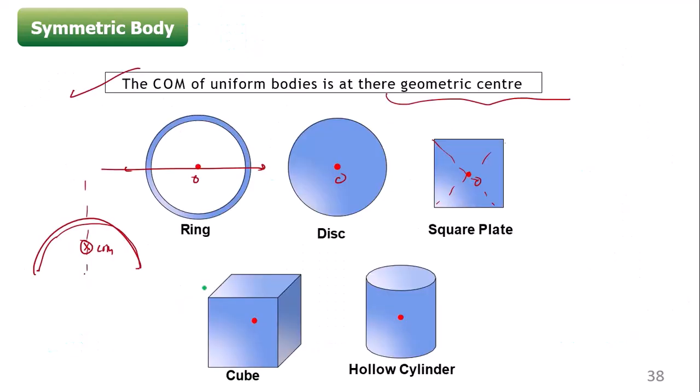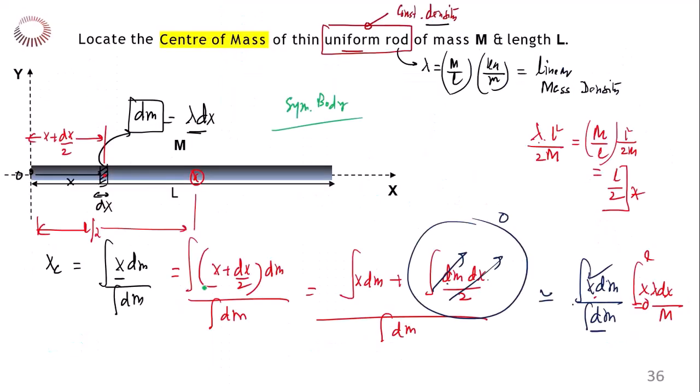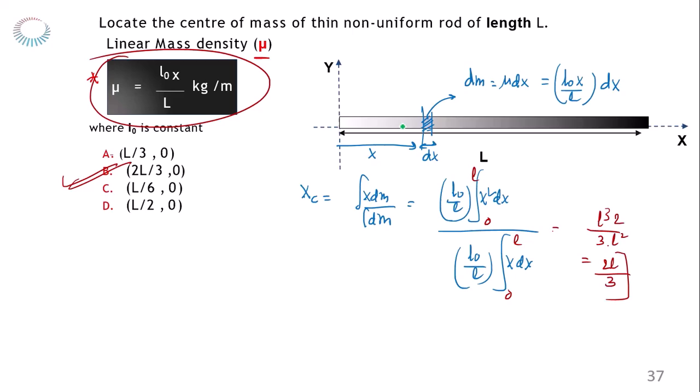That means initially we do this problem, and in this situation the lambda, or the mass density, is constant. Now, if the mass density is variable, then also you can apply the same concept. The idea of taking the element is the same, integration is the same. Ultimately the result is different, because the mass density is different.